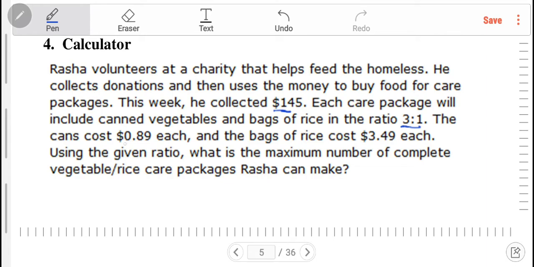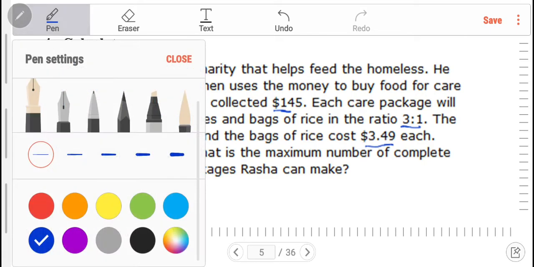The cans cost $0.89 each. The bags of rice cost $3.49 each.